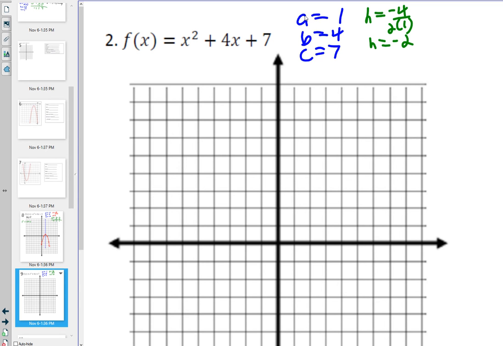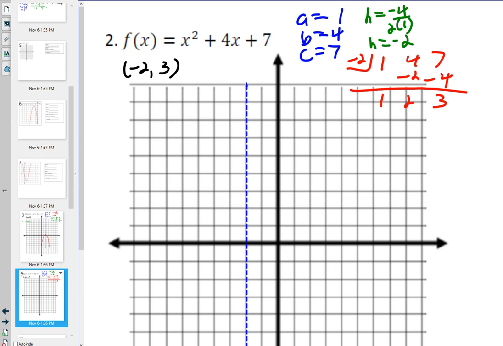When I plug that in to find K, I get 3. The vertex is going to be at negative 2, 3. The axis of symmetry is at negative 2 on the x-axis. There's the vertex at negative 2, 3.